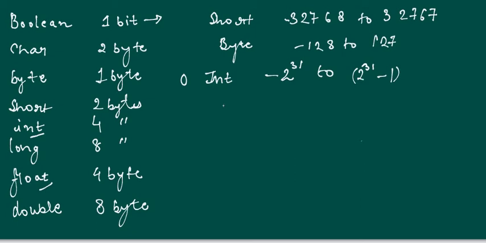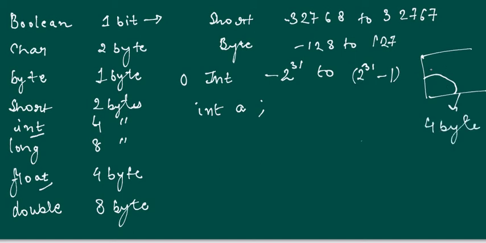If you are declaring a variable of int type, int a, then in memory, this much space. How much space for int? 4 bytes. So 4 bytes are allocated from total memory, and the name is a, and 0 is stored initially. And then after, when in a you store some value, it is going to be modified.